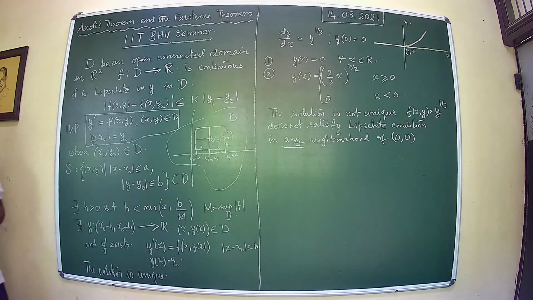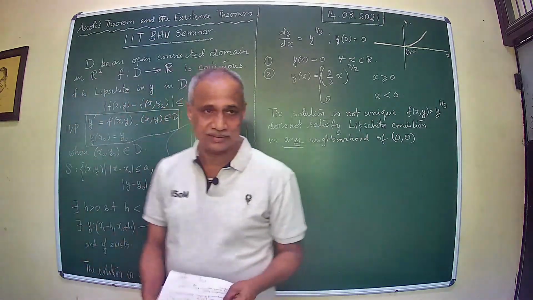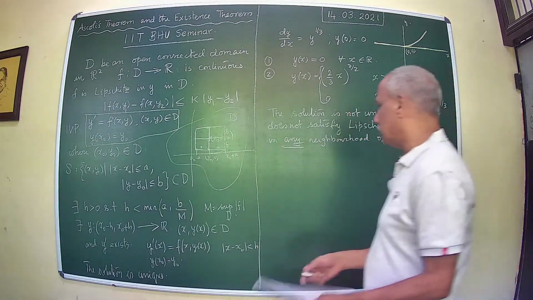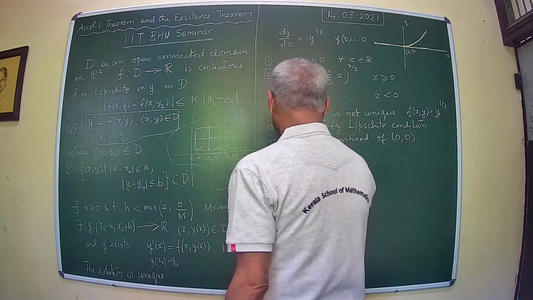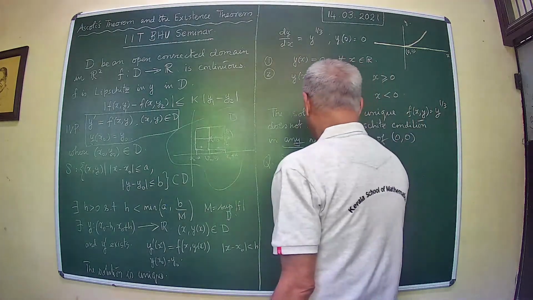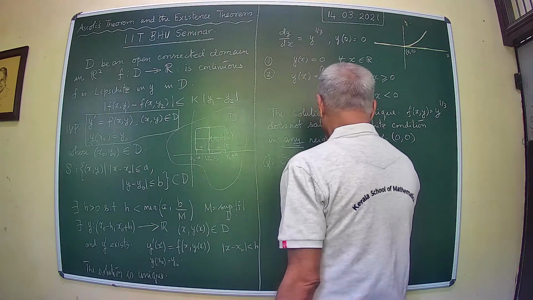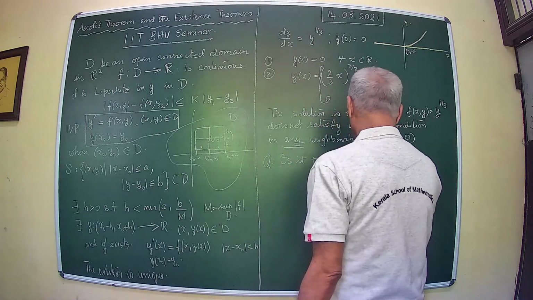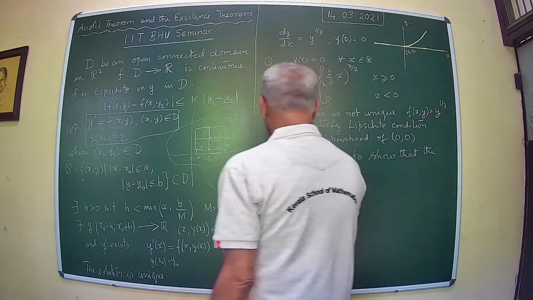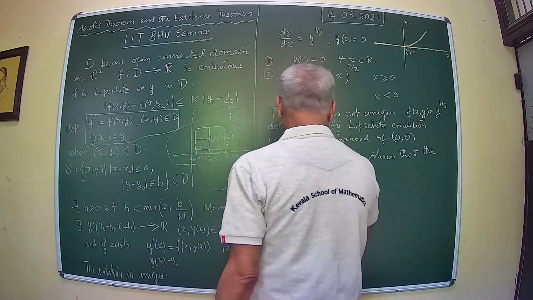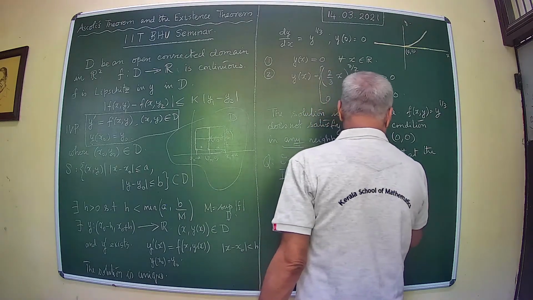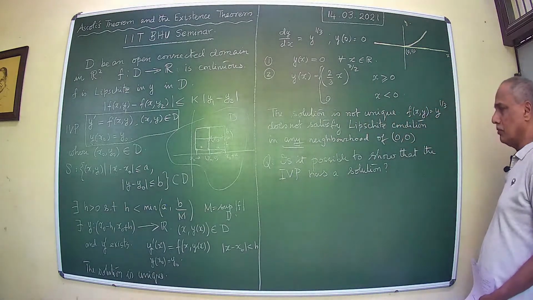So our question starts here. What we ask for is this: is it possible, as you have seen here that the solution exists, to show that the initial value problem has a solution without asking for what is called uniqueness?